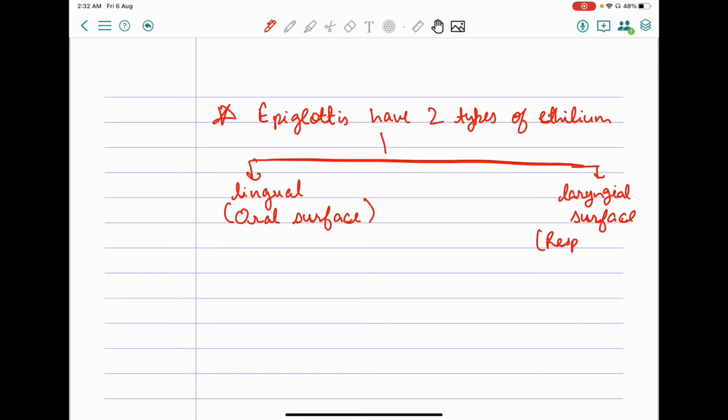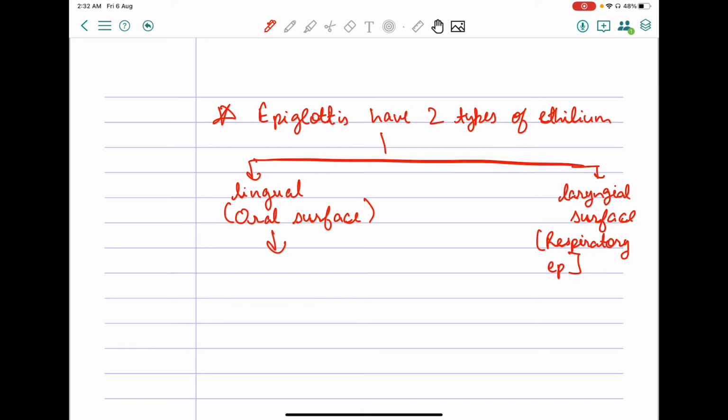So I made it very simple for you. In the oral cavity, I told you so many times which epithelium is found. The oral surface is lined by which epithelium?